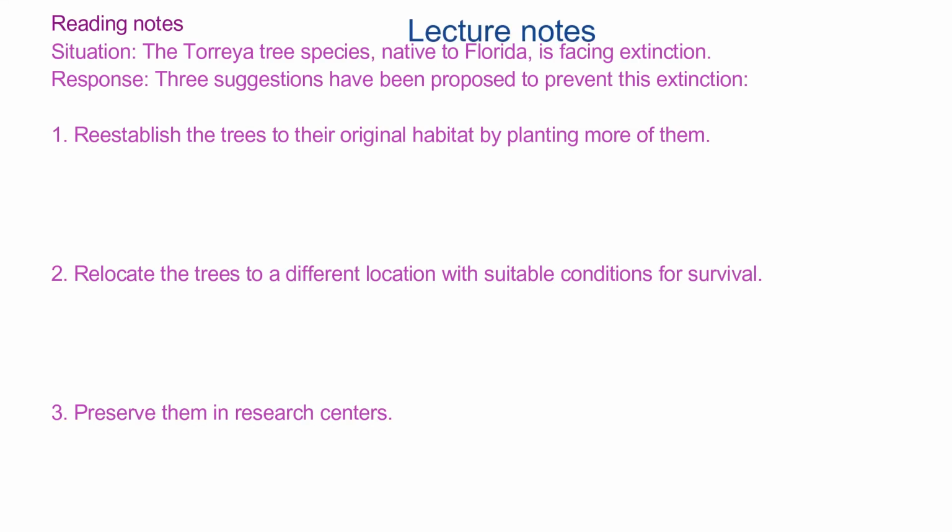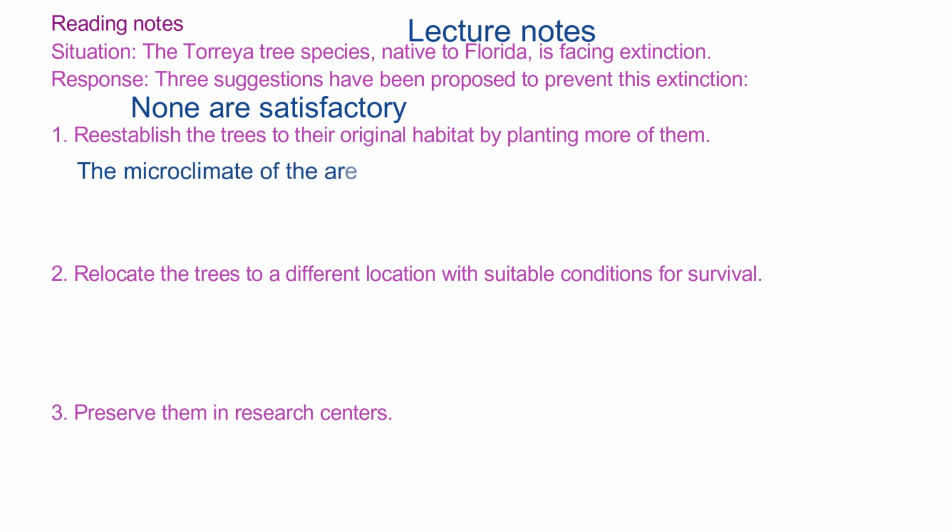You've just read about 3 ways to save Torreya taxifolia. Unfortunately, none of these 3 options provides a satisfactory solution. About the first solution, reestablishing Torreya in the same location, that's unlikely to be successful because of what's happening to the coolest, dampest areas within Torreya's microclimate. These areas are being strongly affected by changes in the climate of the larger region.